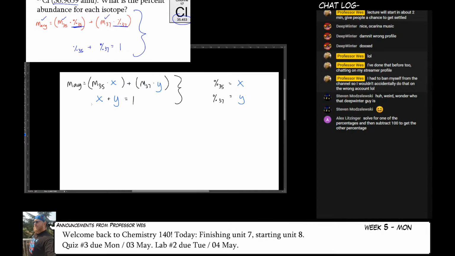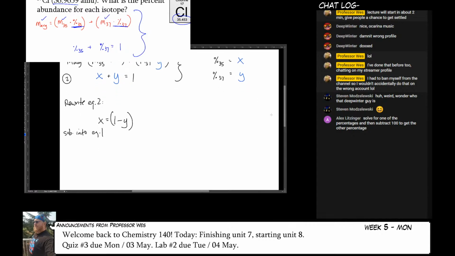I'm going to substitute this equation into this equation. So I'm going to rewrite equation 2. And I'm going to do this. We're going to solve for x. That means that x equals 1 minus y. Since I know what x equals, I can then substitute into equation 1.